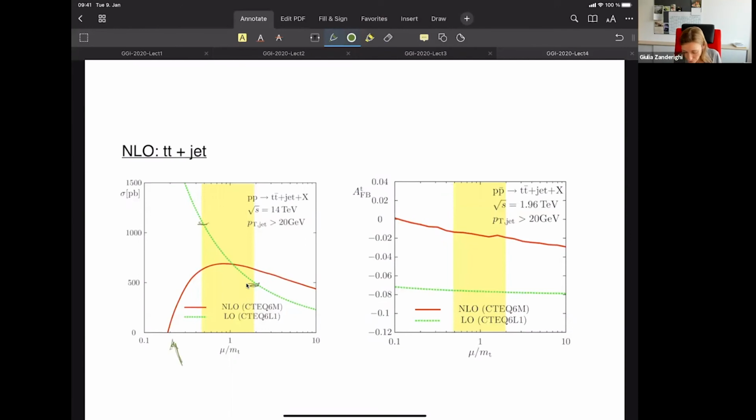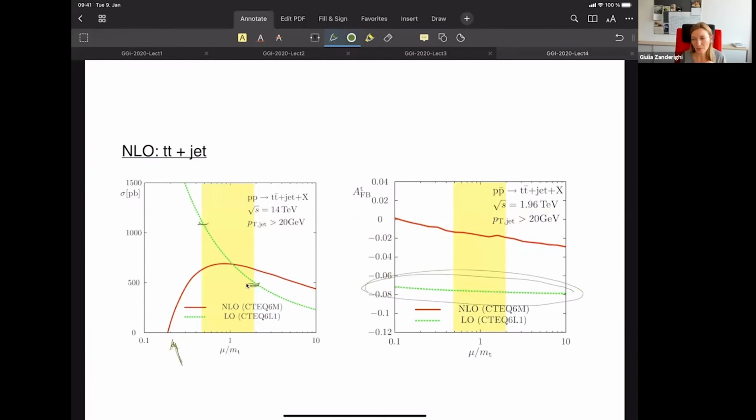The right-hand plot, however, shows an asymmetry. Asymmetry is defined as a ratio of cross-sections, for instance, forward minus backward over forward plus backward. And these quantities, again, you can compute at different orders. And now you see also that here you have to be very careful when you do scale variations. You see that at leading order there is little dependence on the scale.